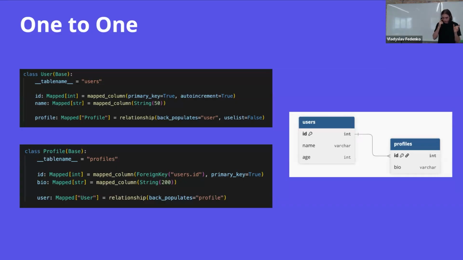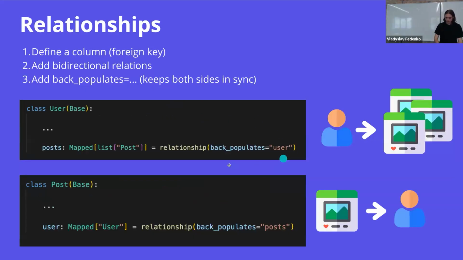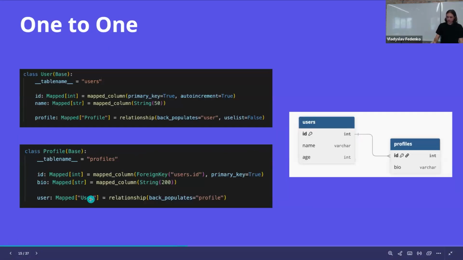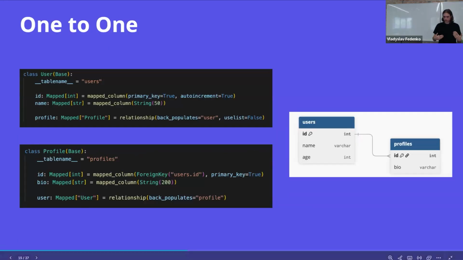So SQLAlchemy knows that if we have many lists on this side, it means that we don't need a list on this side. But for situations when we have one-to-one, we need to specify uselist=False, so SQLAlchemy will not expect us to have a list on one of the sides, to not have a many-to-one or one-to-many, but have one-to-one.